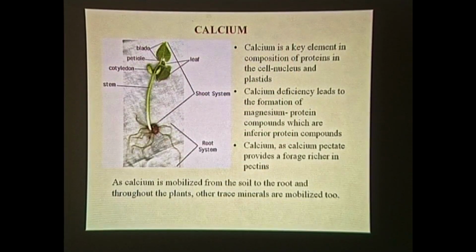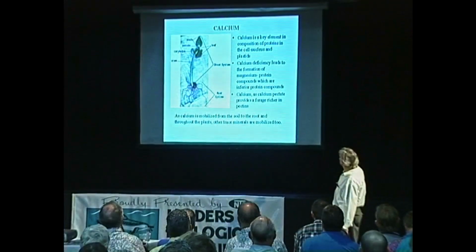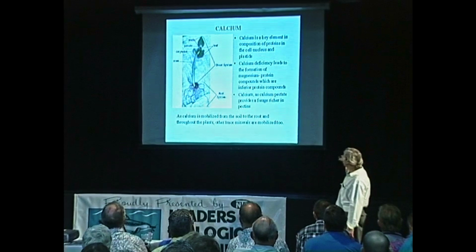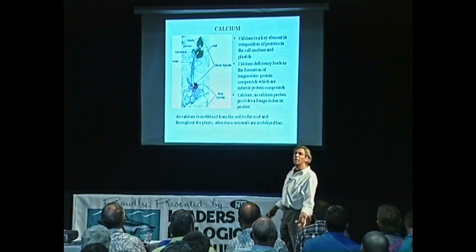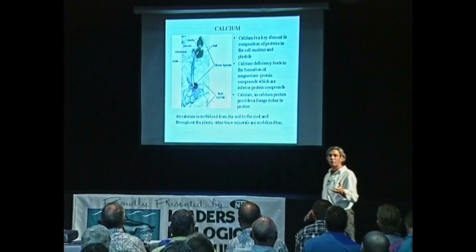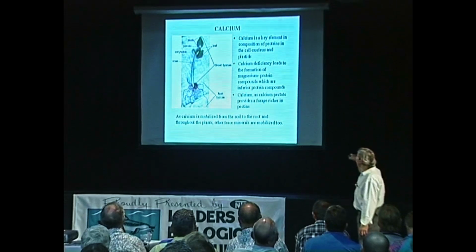about the individual nutrients. So calcium, and I won't beat this to death because you've been hearing it over and over again, but in addition to producing energy, it's a key element in the composition of proteins. So if you have calcium deficiency in the soils, plants tend to take up magnesium in lieu of calcium, and you end up having inferior protein compounds.